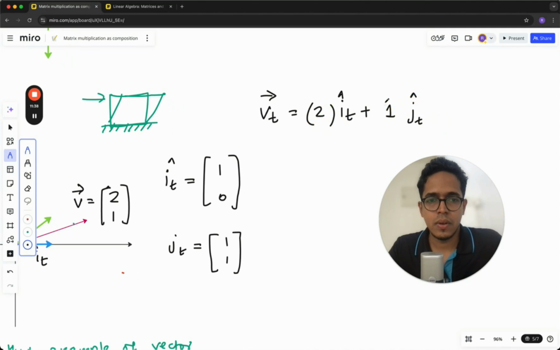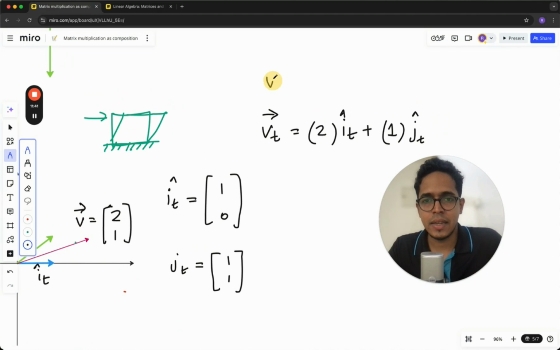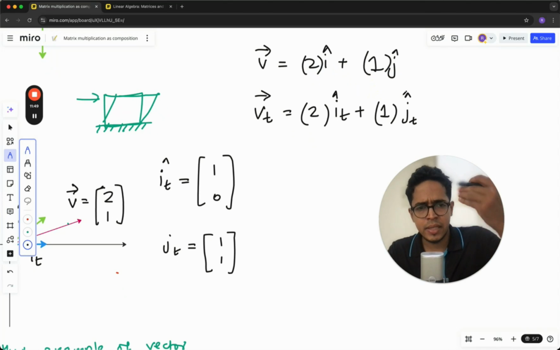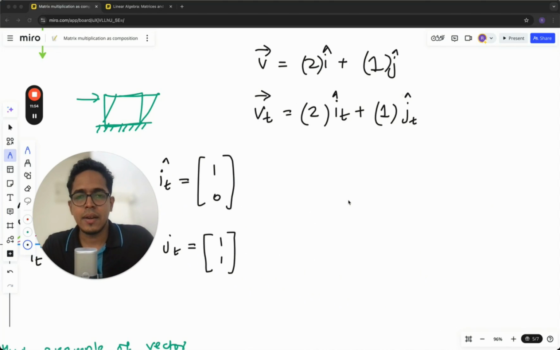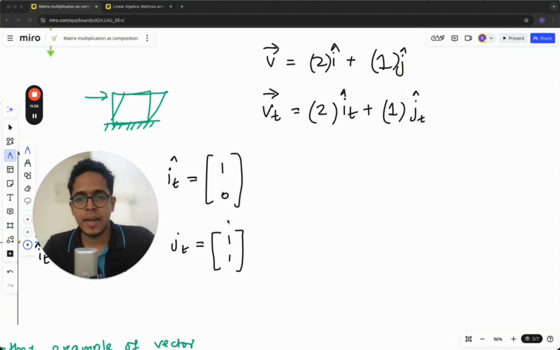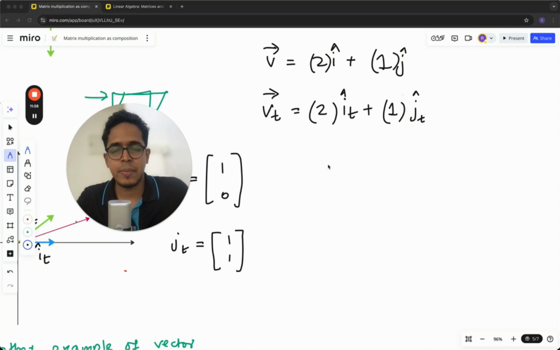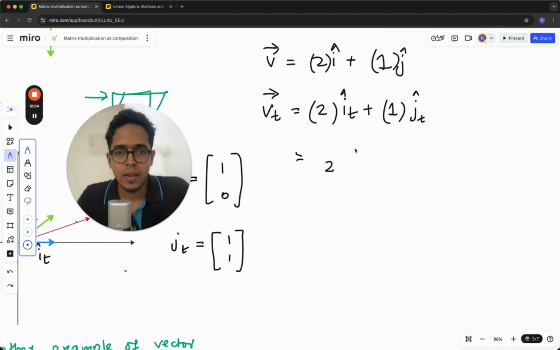And why is this the case? That is because the original v was simply 2i plus 1j. So the scaling factors 2 and 1 will remain the same, just like what we explained in the rotation transformation. And since we know the transformed i and transformed j, we can calculate what happens to the vector v after transformation. So the vector v will become 2 times 1, 0, because transformed i is 1, 0, plus 1 times 1, 1.